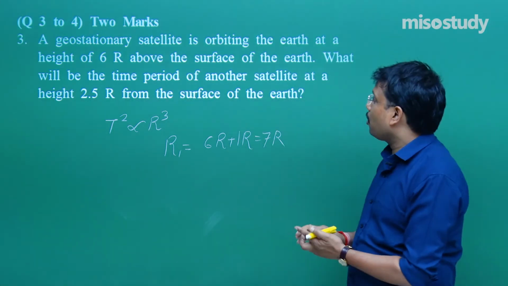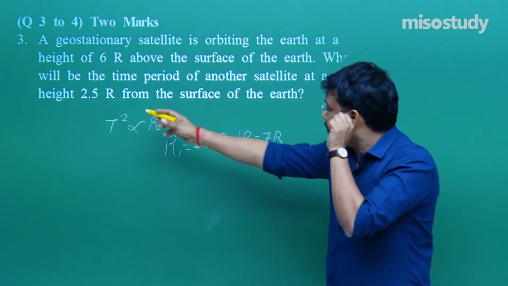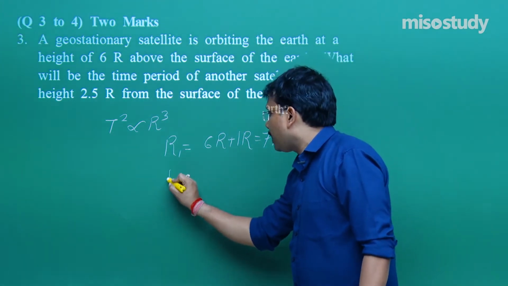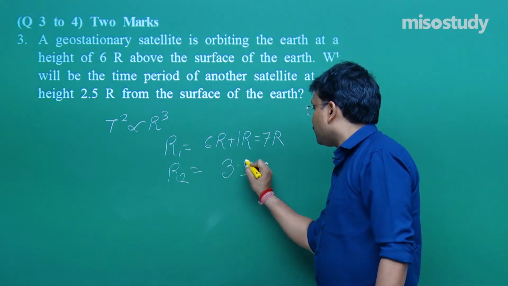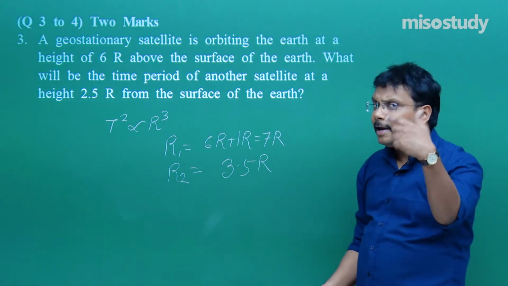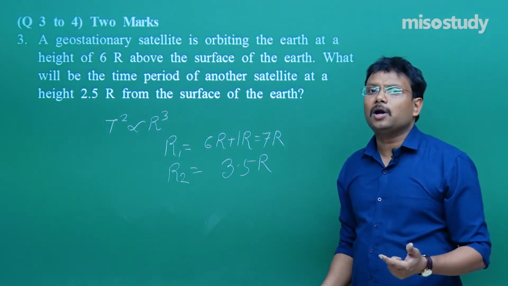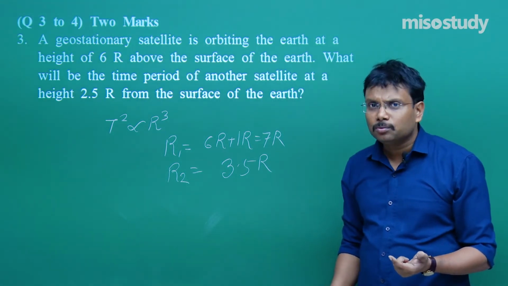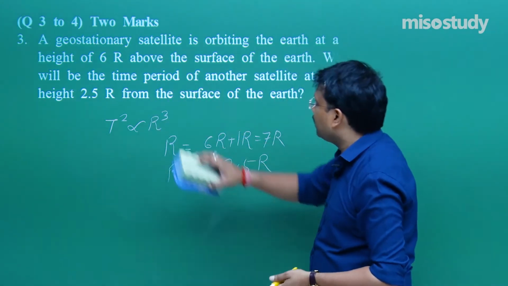Why? Because the distance is measured from the surface, not from the center. Similarly, this 2.5r, so R2 is equal to 3.5r. Now again use the same formula, T1 upon T2 is equal to R1 upon R2 whole to the power 3 by 2. Fine. So here the calculation is simple. I will use this result.